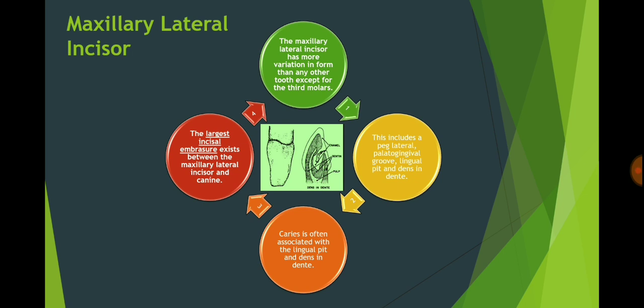The second most variant tooth is the maxillary lateral incisor. Sometimes it forms what we call peg laterals. A peg lateral looks almost like a talon cusp, but just on the maxillary lateral incisor. It's a very small, narrow crown.